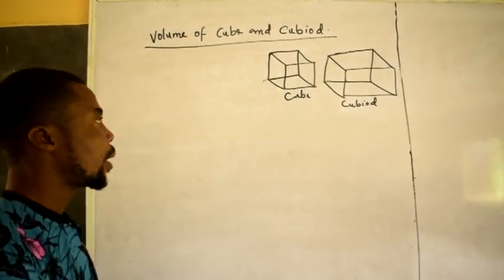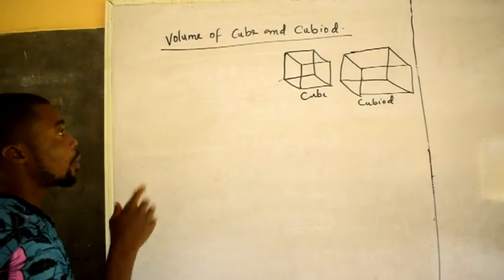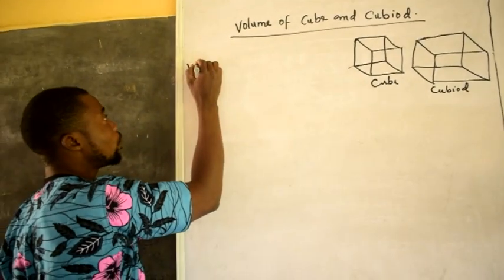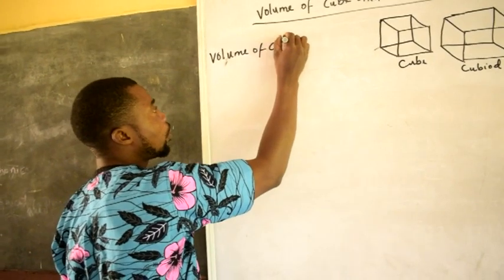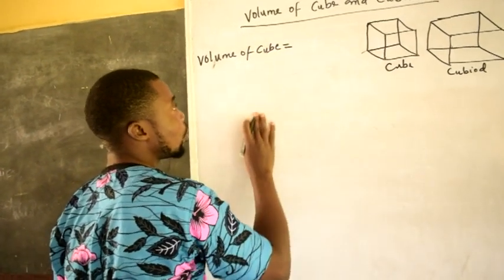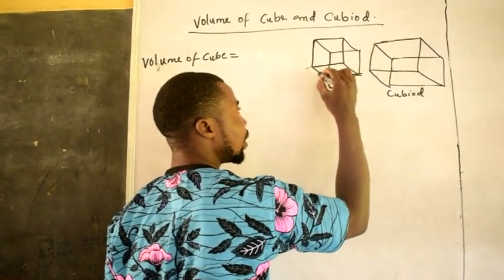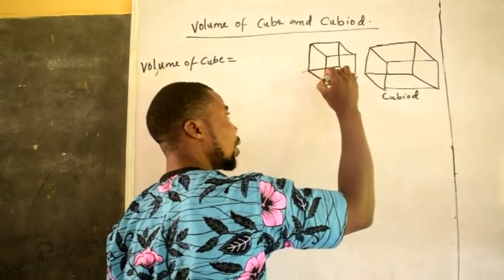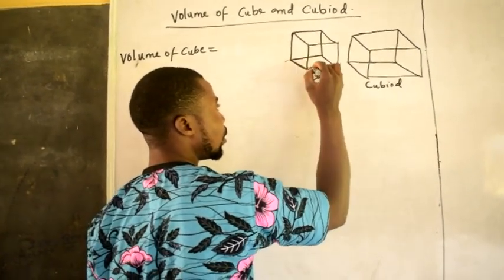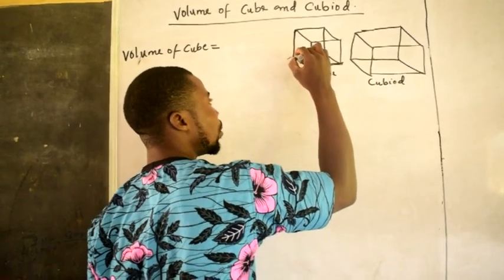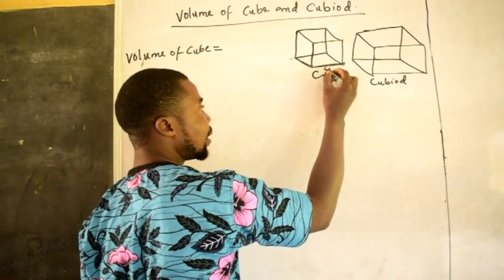If you want to get the volume, the formula for calculating the volume of a cube is length times breadth multiplied by the height.